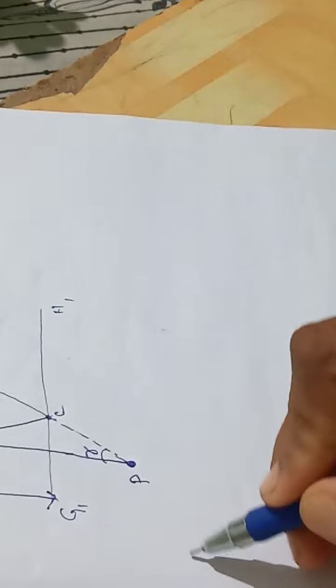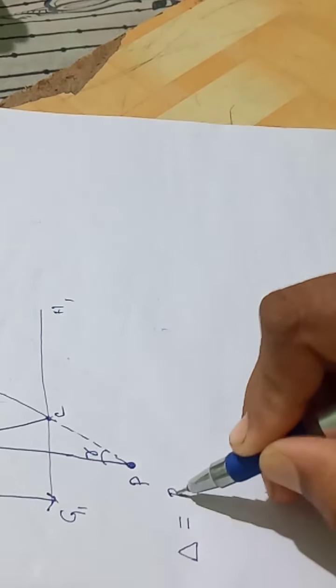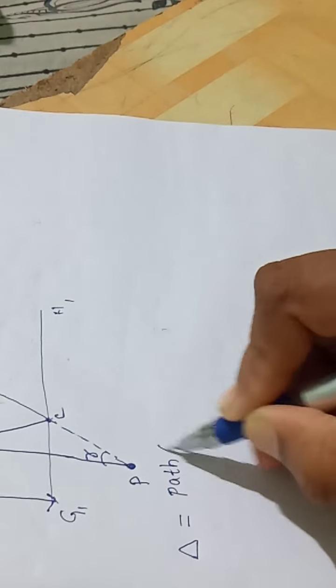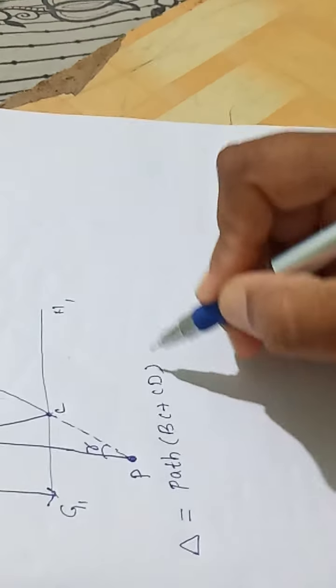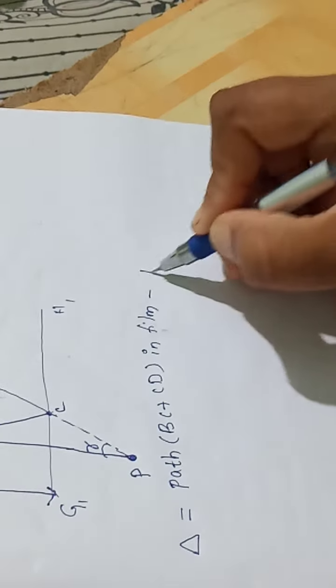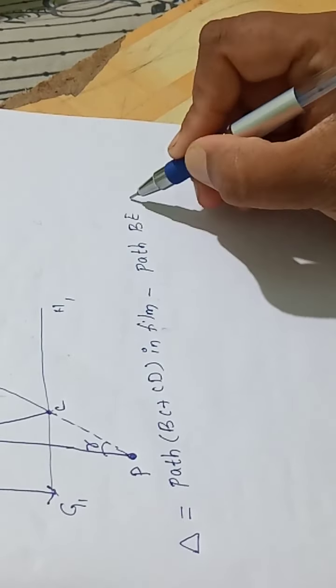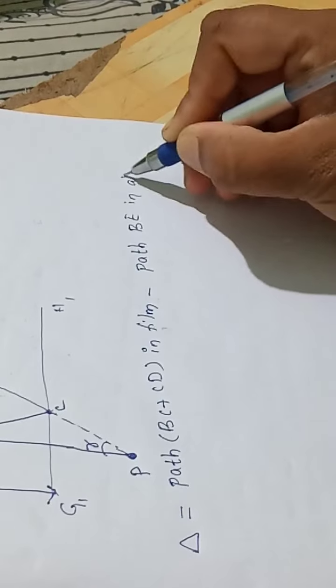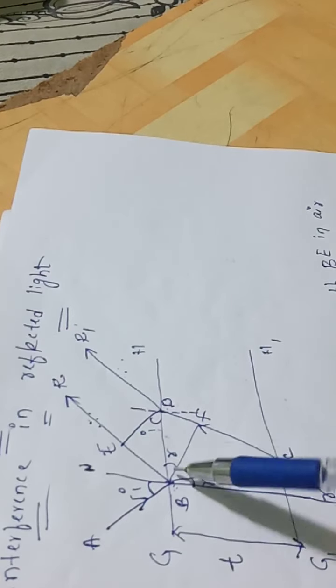So the path difference delta is the path BC plus CD traveled in the film minus the path BE traveled in air.